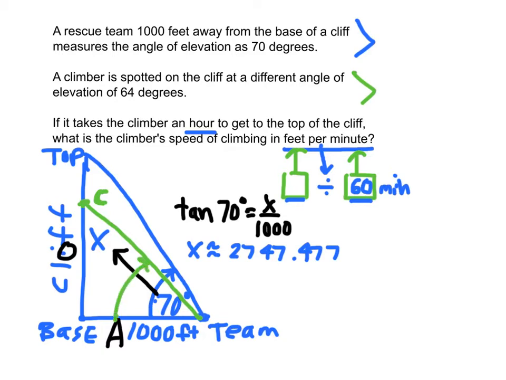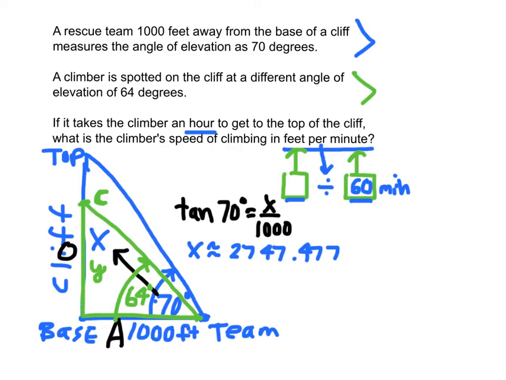They only have to look up at an angle of elevation of 64 degrees. If I'm using this triangle here with a 64 degree angle, I can figure out how far that green distance is from the base to where the climber is. Since I've used x for the entire distance, I'll call this part y in green.